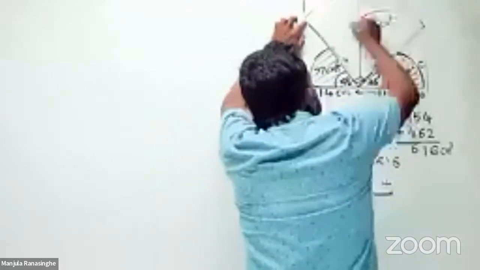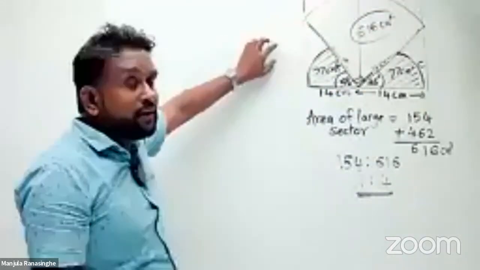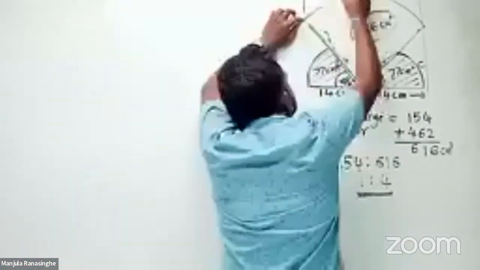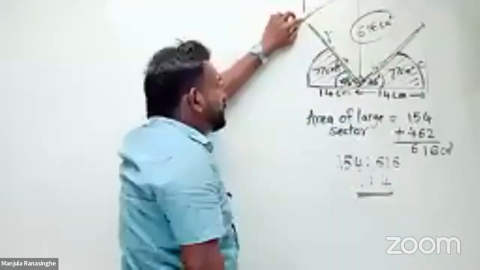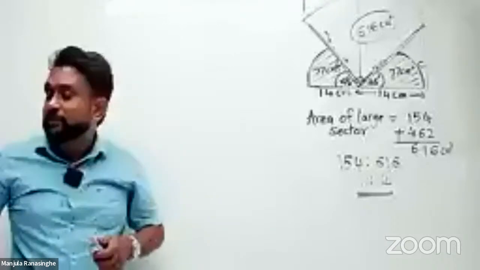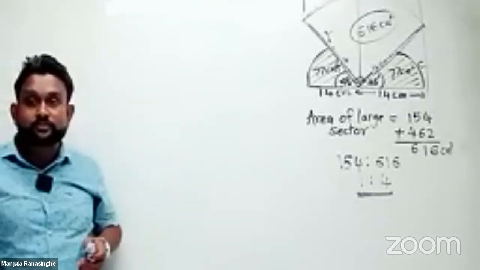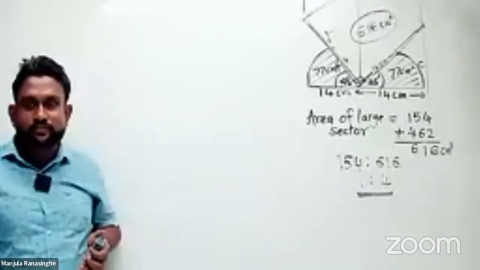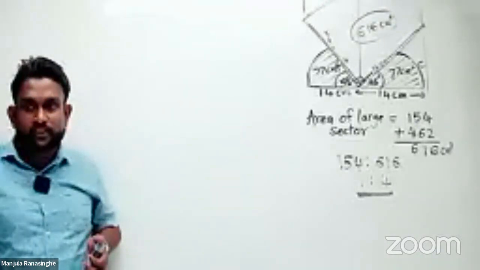Here 616 is the area. So take the radius, this length of this bigger sector. Because they're asking how many pieces can be cut out from this, and find the area of the remaining part of cardboard after cutting the nets.